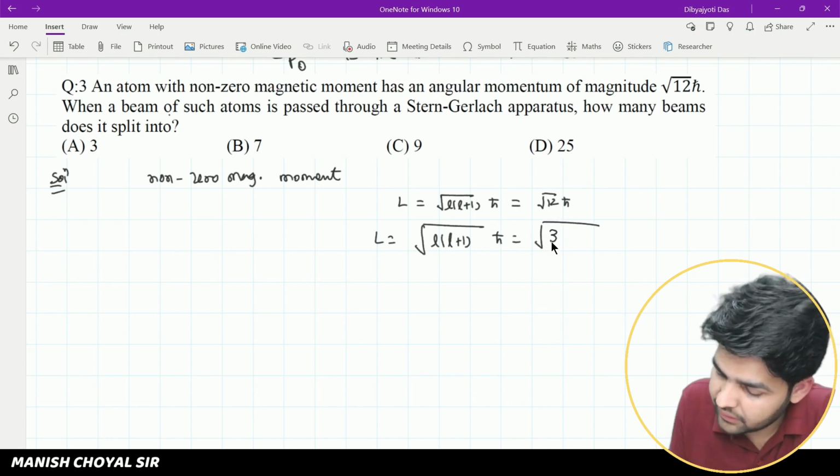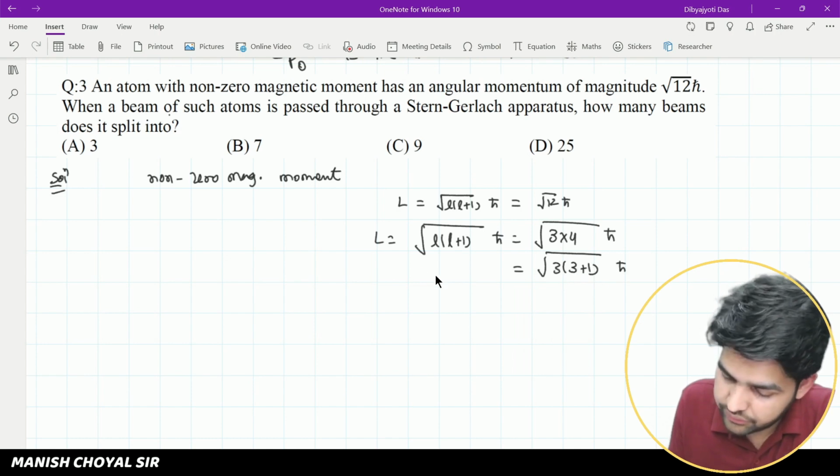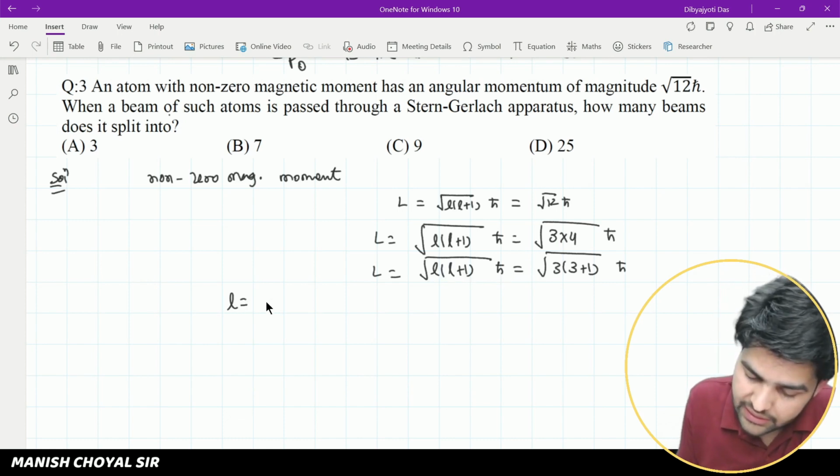So we can say 3 into 4, 3 into 3 plus 1. So we get l equals 3.